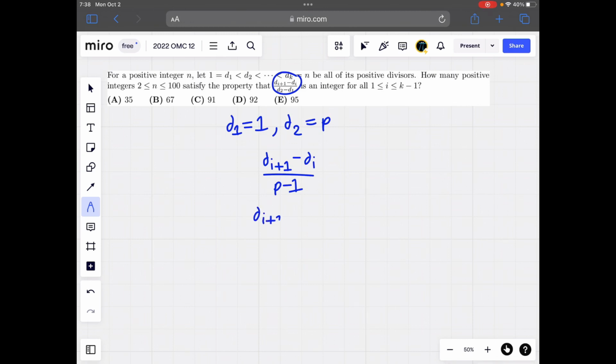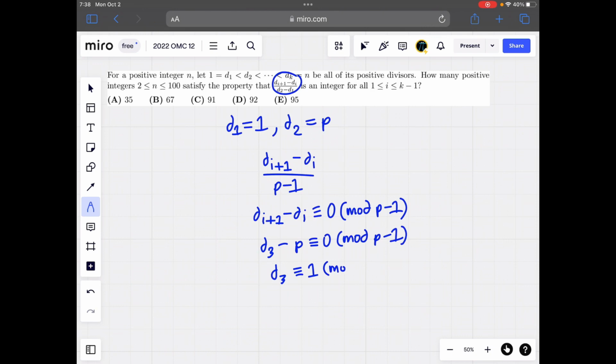So we have d_{i+1} minus d_i is congruent to 0 mod p minus 1. And if we use i equals 2 for this, then we get that d_3 minus p is congruent to 0 mod p minus 1. And that implies that d_3 is congruent to 1 mod p minus 1.